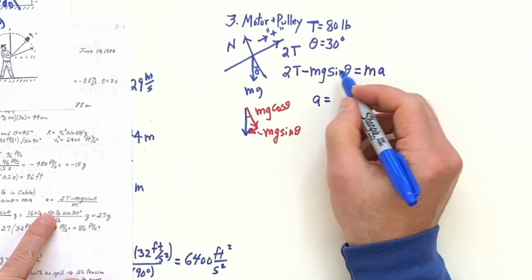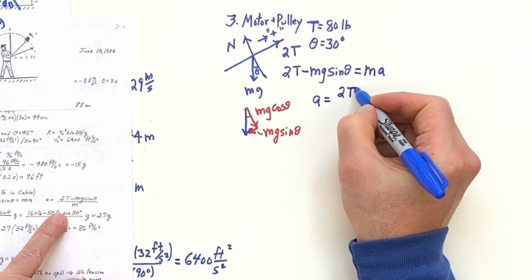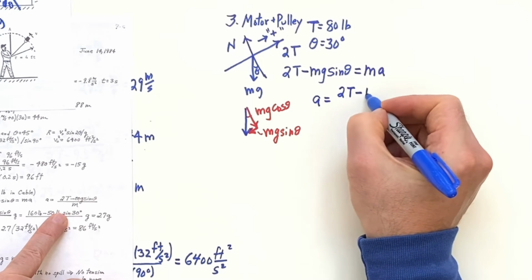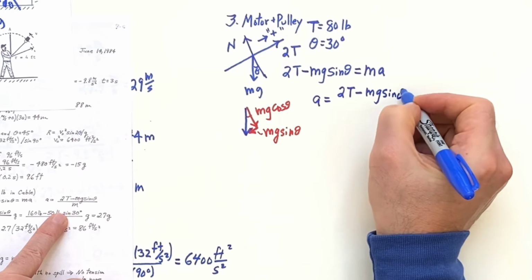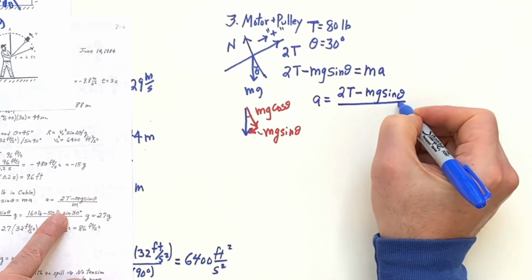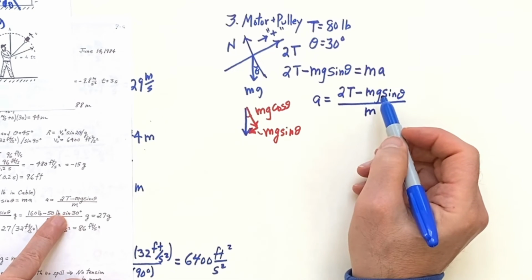Now you can be putting the numbers in early if you want. I like to do this. It's easy for me to check and probably get more partial credit if I make a mistake at some point with the numbers. All right, so we just divide by the m.